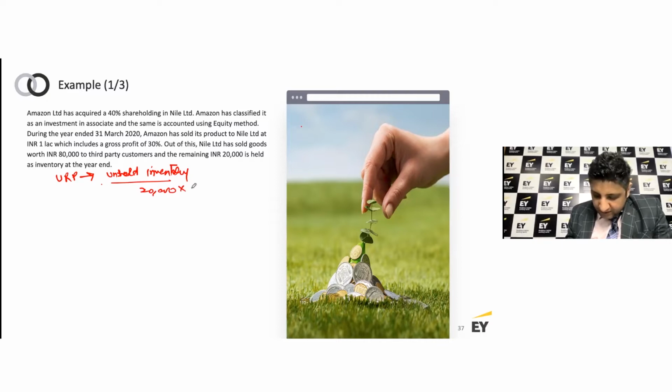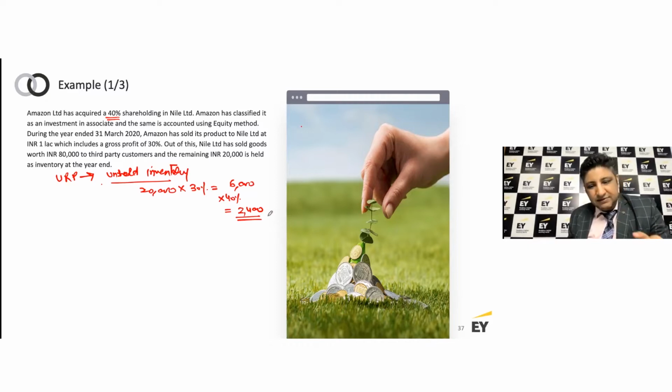The gross margin on this is 30%. That makes it 6,000. But then how much of that 6,000 are you going to call a duplication of profit or something which gets consolidated? We say it is going to be to the extent of your shareholding in that company, right? So that would be 2,400 in the given example.